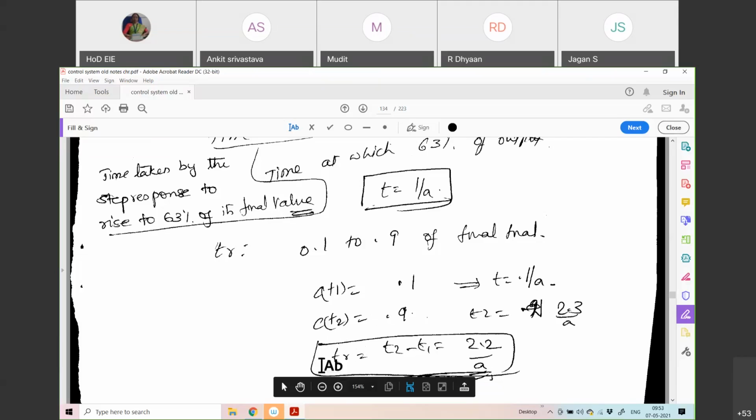Rise time is the time taken for the output to reach from 10% to 90% of the final value. For example, if I have to reach 100, the time taken to reach from 10 to 90 is the rise time, which is given as 2.2 by A. So you know the time constant formula and the rise time formula for a first order system.